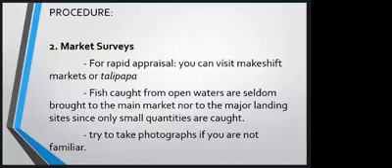So another is to try to take photographs if you are not familiar. This is an easy way of identifying this fish community. So aside from taking photographs, you don't only take photographs like a selfie with the fish, but you also need to do measurements.